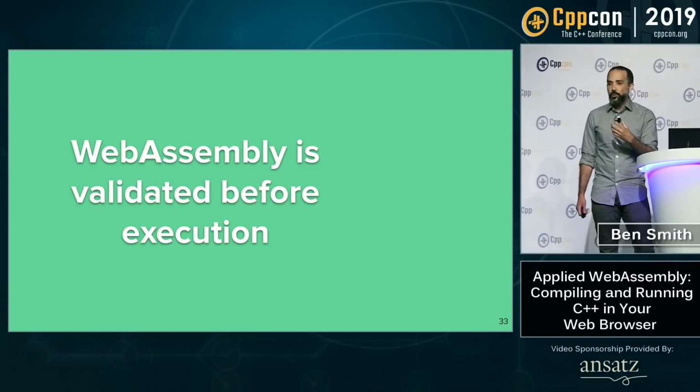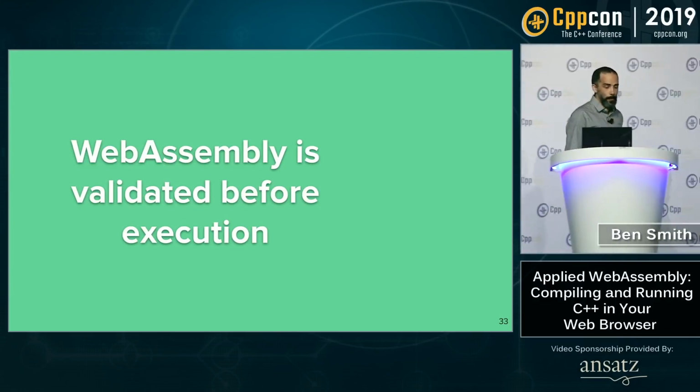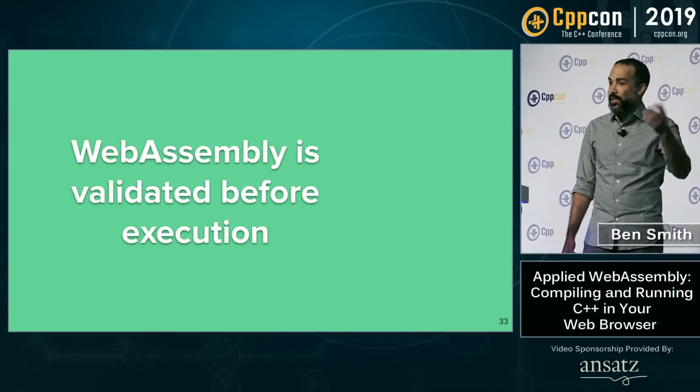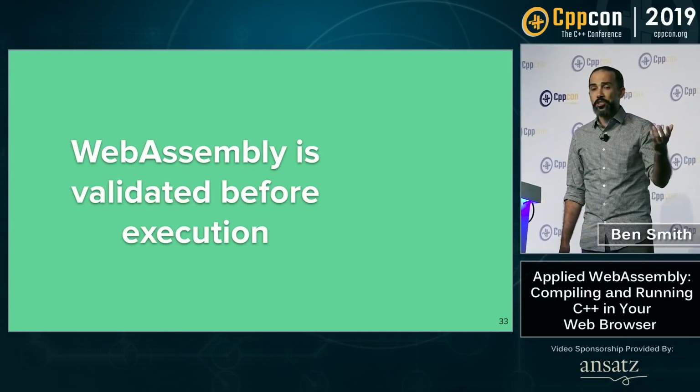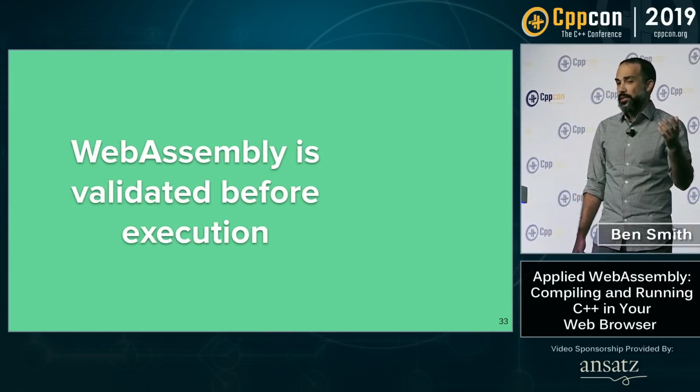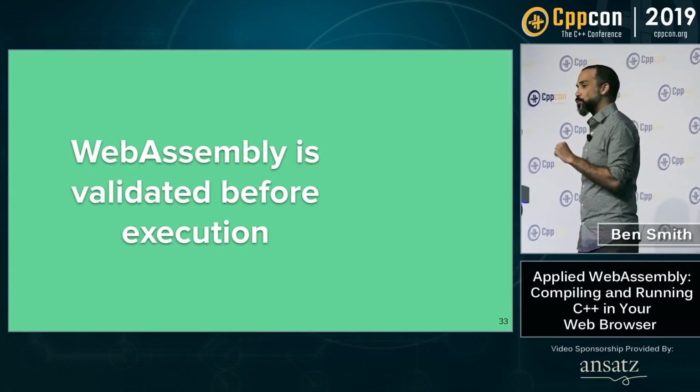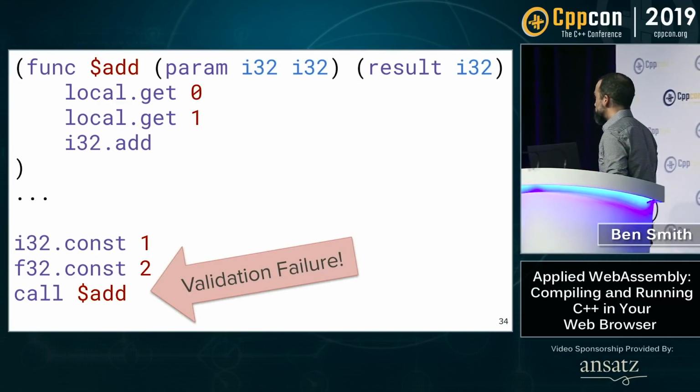So we need to be able to rely on the fact that that code isn't going to be able to do anything nasty. So obviously we can take that code and we can validate it. Some of the other things we do is that we bounds check all memory accesses. So just to make sure that we don't allow you to read outside of the bounds.